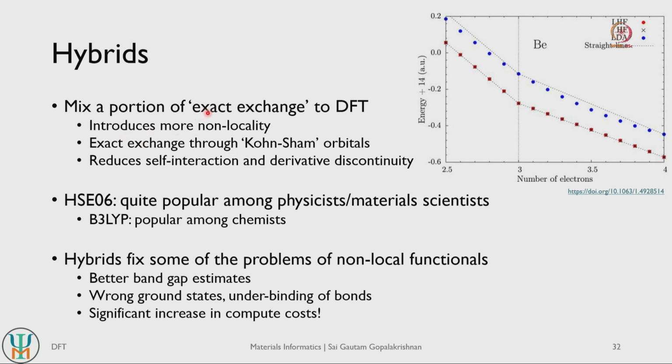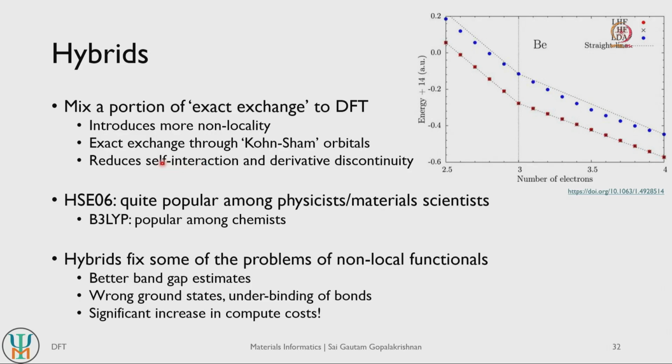The way we can include Hartree-Fock interactions or exact exchange into DFT is to calculate this exact exchange term through Kohn-Sham orbitals and then add it to our exchange correlation functional. This is not exact though, because Kohn-Sham orbitals do not represent actual one electron orbitals, but this is a fairly good enough approximation.